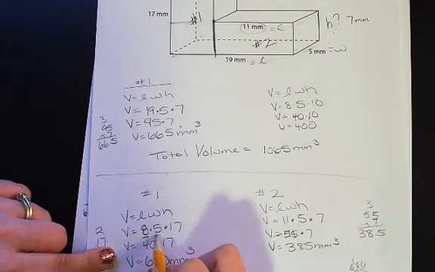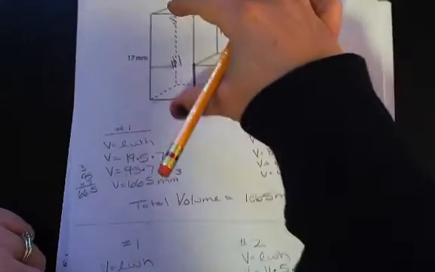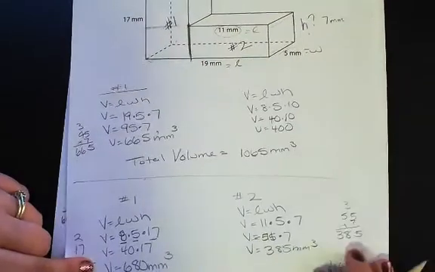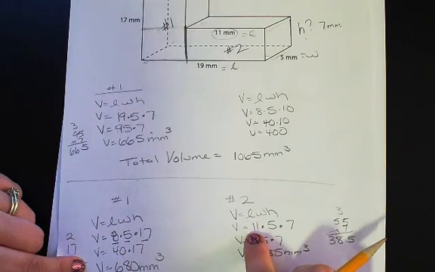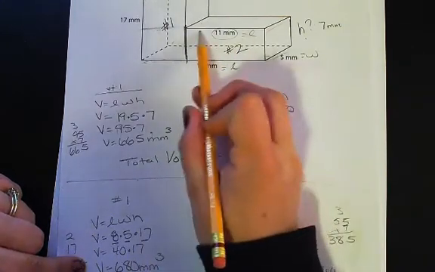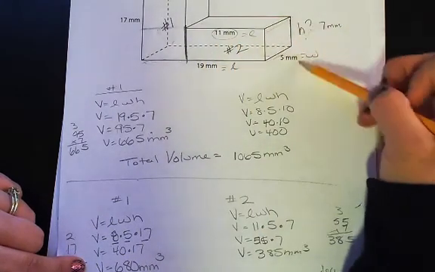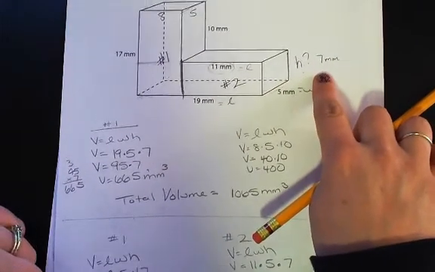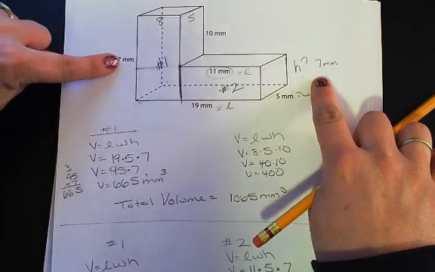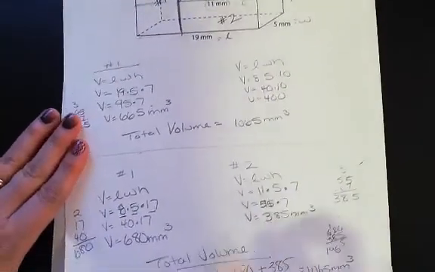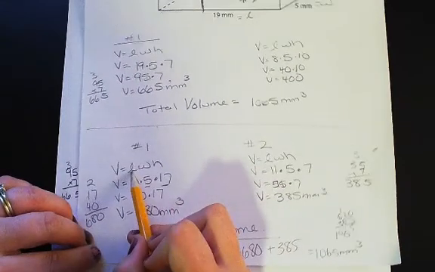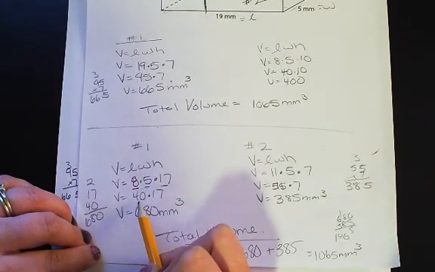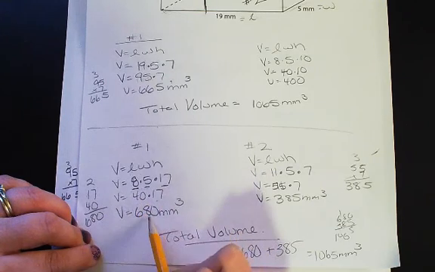I did the same kind of thing as the work up here, but I had a length of 8 by 5 by 17 for that long shape. And on that little shape right here, I had a length of 11 by 5, with the height being 7. I had to figure out the height for that one using what I knew over here.